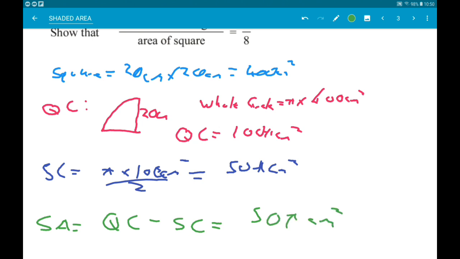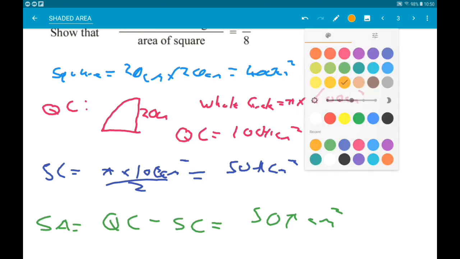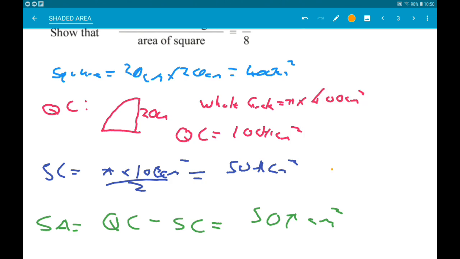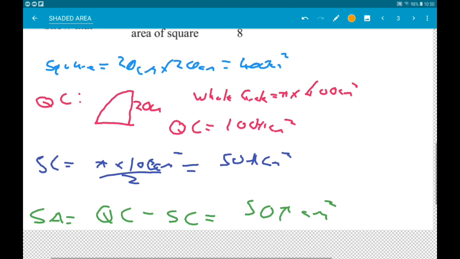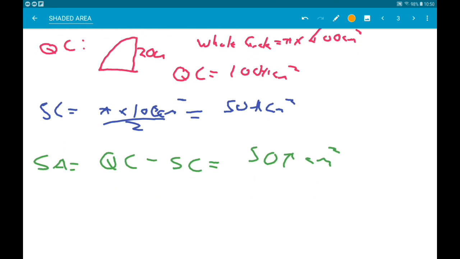Okay, so now finally we have everything we need for the fraction. So the shaded over the square is 50 pi over 400. Now that has a common factor of 50 and does indeed simplify to pi over 8.